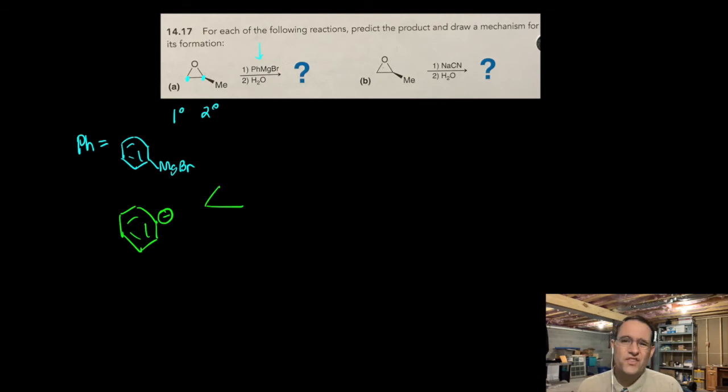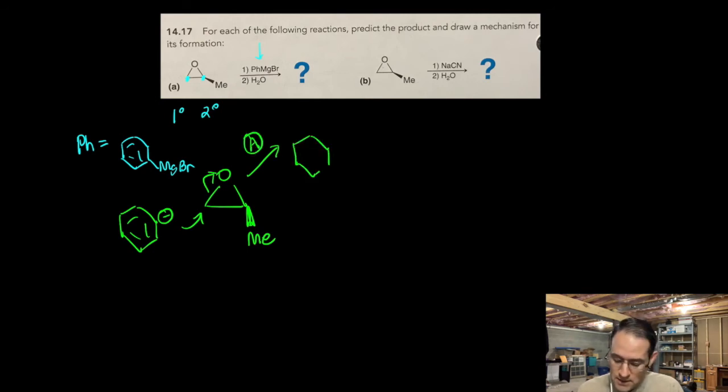I won't draw the C and the two dots there. I'll just draw a negative charge on that carbon, and that's going to attack this molecule here, the left carbon, and that's going to give me a phenyl group. I'm going to place a dot on that carbon so I can keep track of the carbon counts in my molecule, okay?